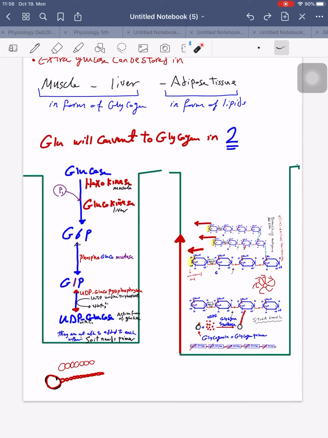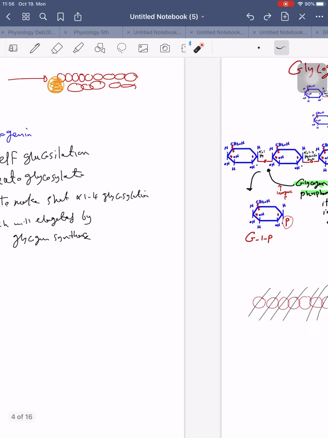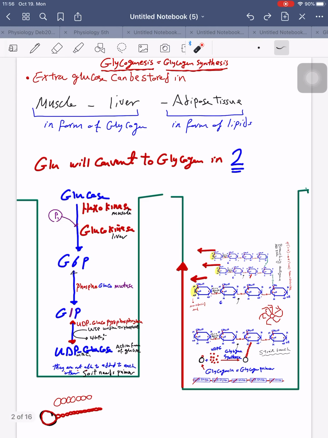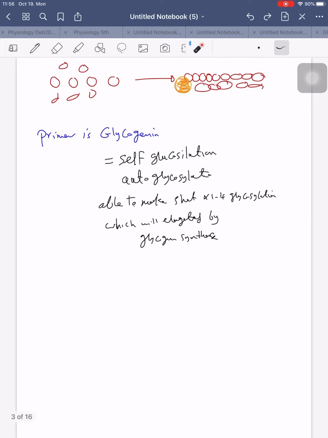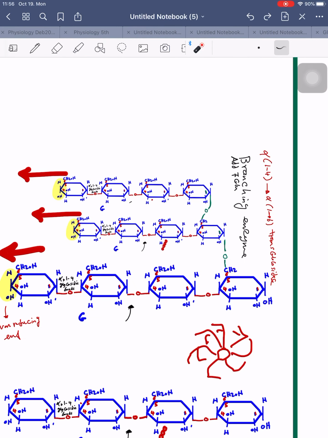And remember, guys, if I'm asking you what's the function and why glycogen is branching? Look, guys, for glycogen we have only one reducing end, but we have many non-reducing ends. Those many non-reducing ends are the area where glycogen synthesis and degradation can happen.